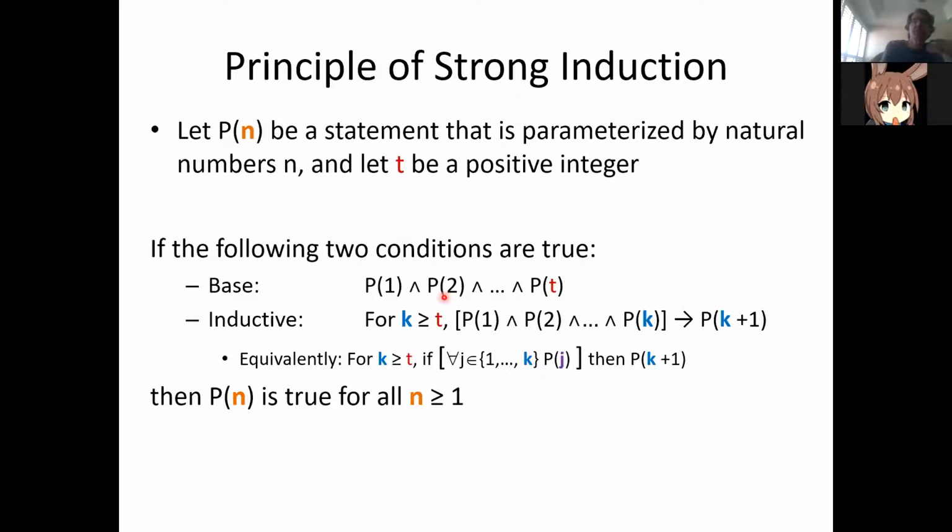So the base case says we must prove that the formula holds about index 1, holds about index 2, and holds all the way to some threshold index t. And then for any index after that, we prove this. The implication has this strongly inductive form. If the predicate holds not just about index k, but about all previous ones as well, then it holds about index k plus 1.